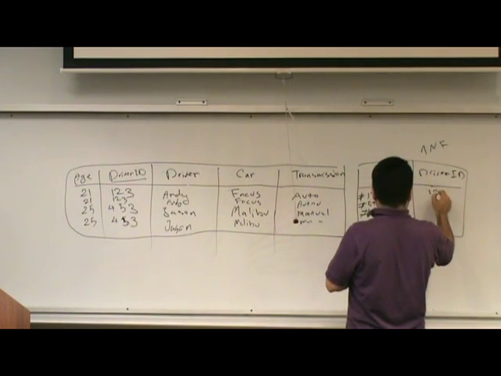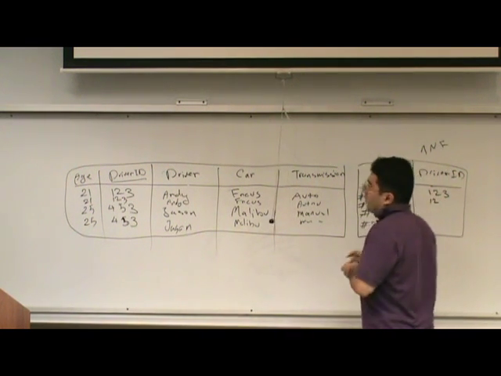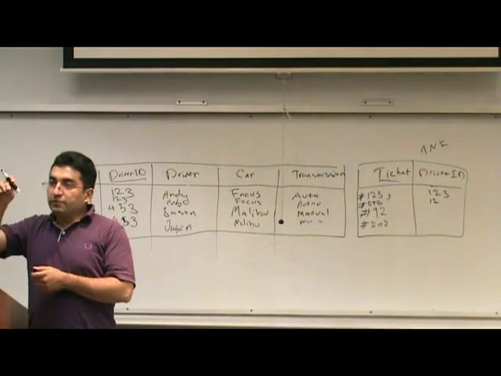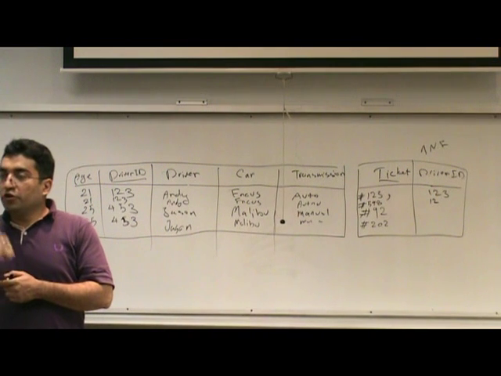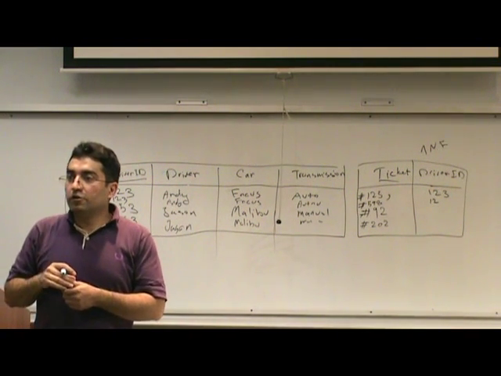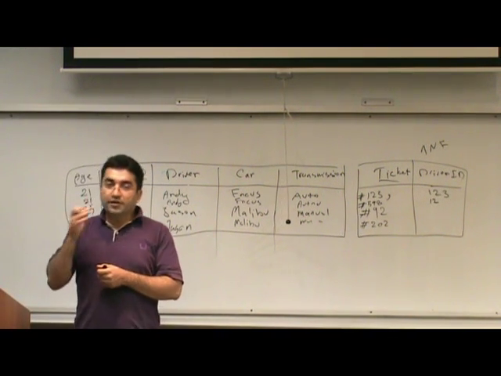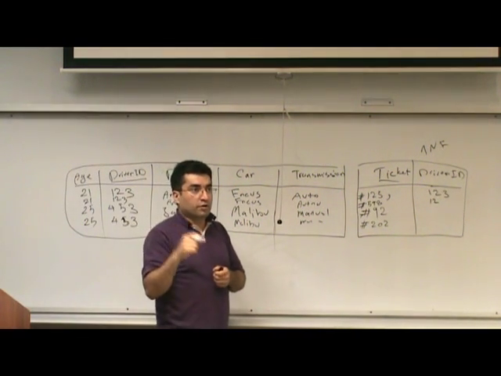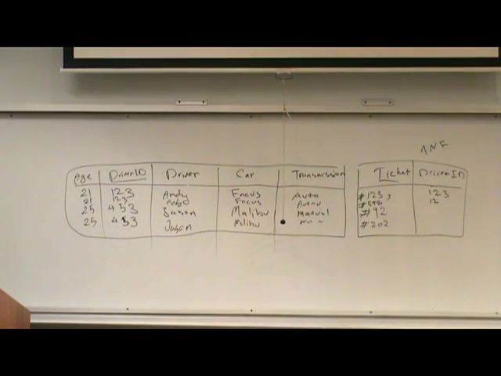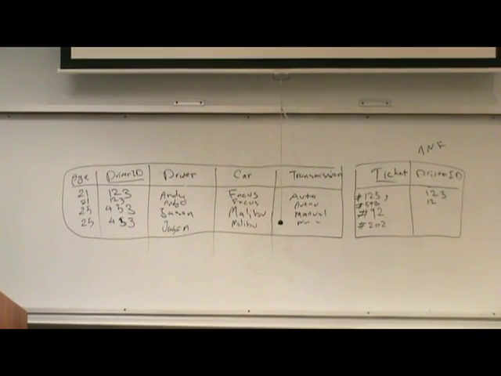You can have the driver name, right? Why does it need to be driver ID? Yes, but to decide which attribute should be the key, we prefer to have numerical attributes as a key. This is one more point that you have to follow. Numerical attributes are better to be the primary key.